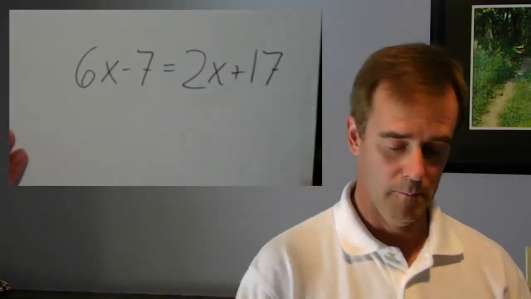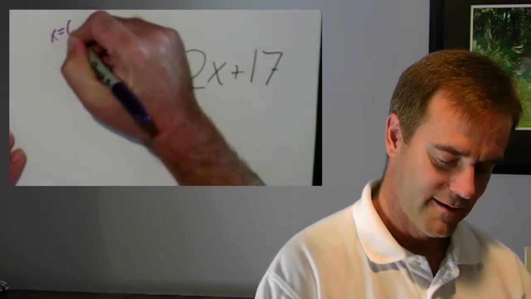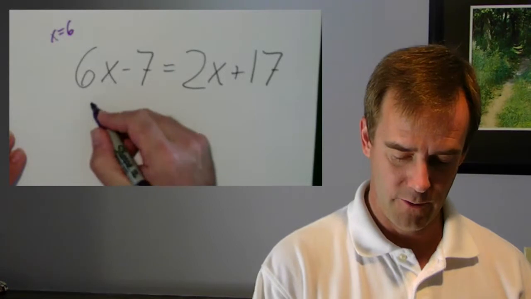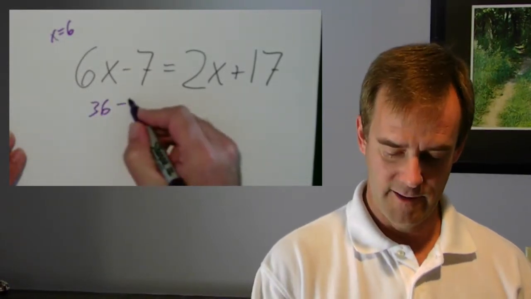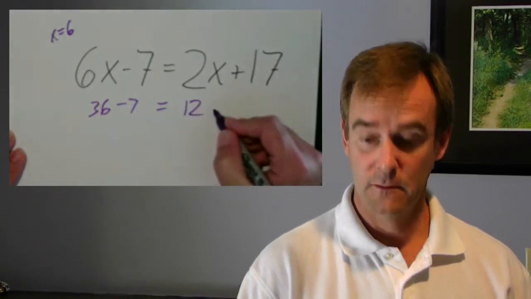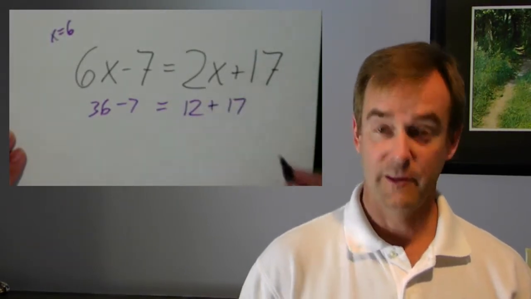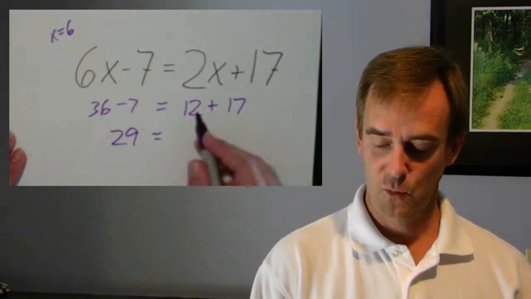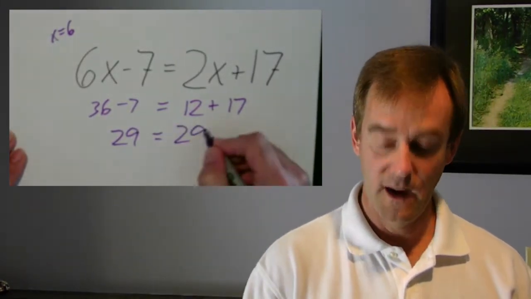Proof? No problem. If x was 6, I'll plug that in. 6 times 6 makes 36, minus 7. 2 times 6 makes 12, plus the original 17. 36 minus 7 is 29. 12 plus 17 is 29.